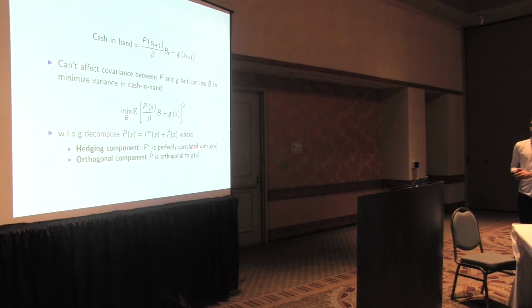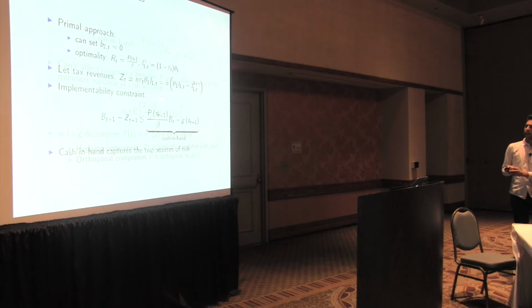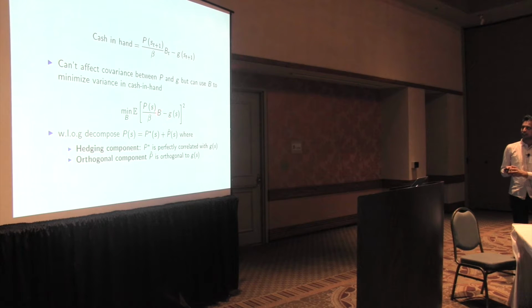So how would it use this lever which it has, the level of assets, to minimize the variance in cash in hand? Think of this simple problem. I've just written the cash in hand term here, and this problem is minimizing the variance of this object.